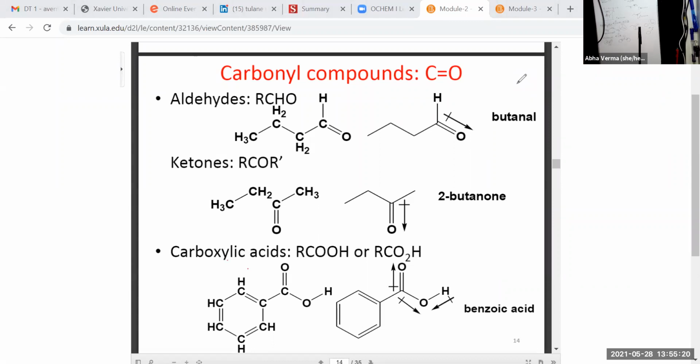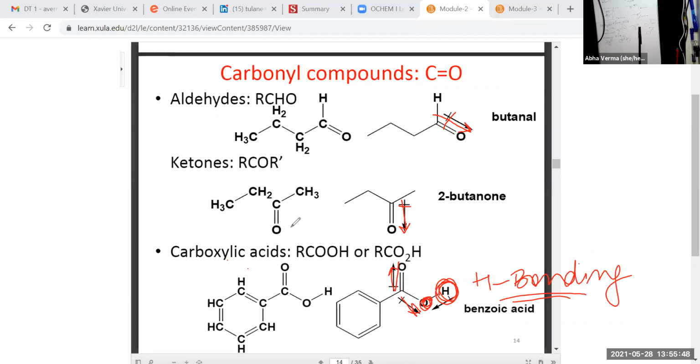But the carboxylic acids have a hydrogen also, which can do hydrogen bonding. So this is a speciality that you have to remember, because this hydrogen is attached to an electronegative element. So there's polarity here, and the polarity right here.